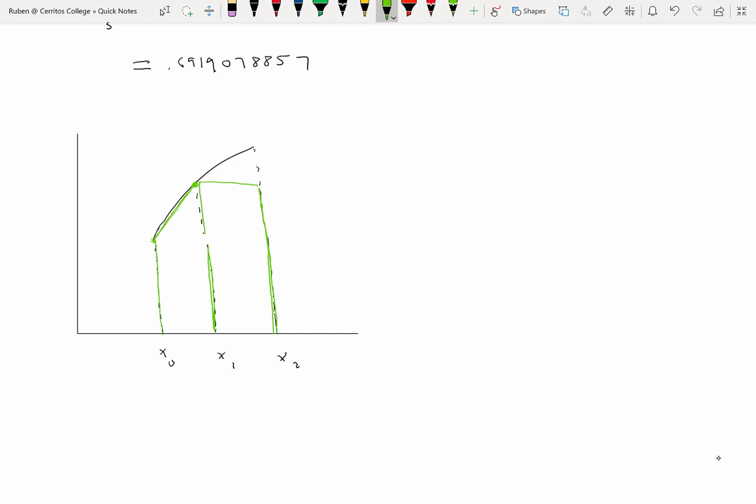I'm going to do the same thing with the second green rectangle. On the second green rectangle, notice the upper right corner of the rectangle. Push that point up toward the top of the curve.